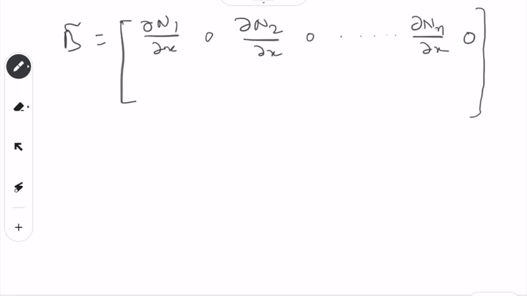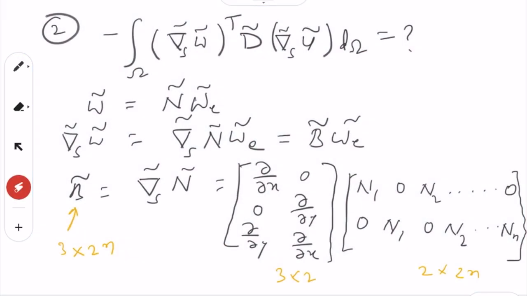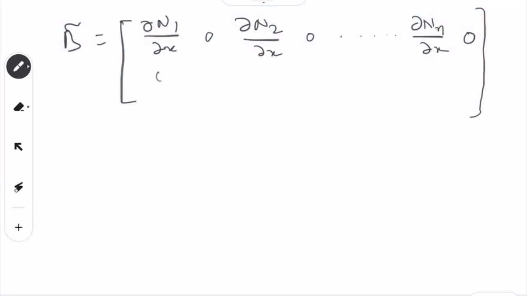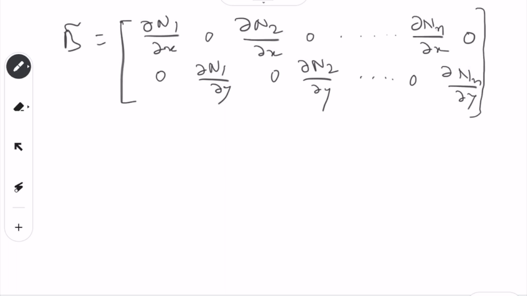Now the second row, again we can see from here: this multiplied by this gives 0 and 0, then 0 and this multiplies by N1. So we get 0, del N1 del y, 0, del N2 del y and so on, 0, del N del y. Okay, done.